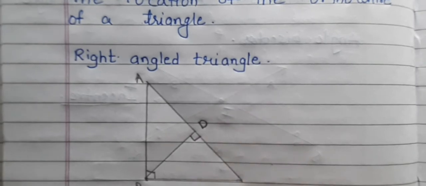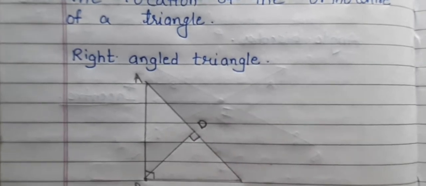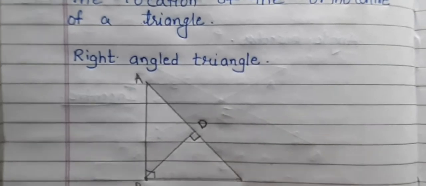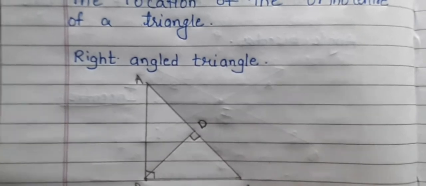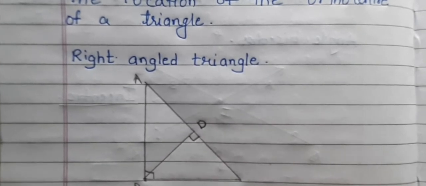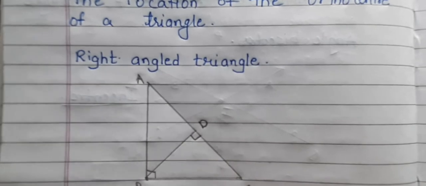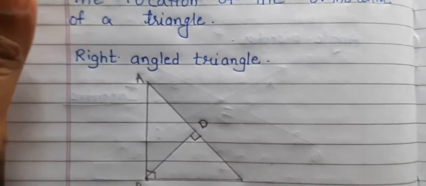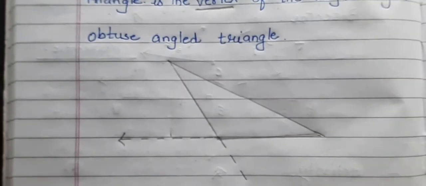Now in general, if we conclude, the orthocenter of a right angle triangle is the vertex of the right angle. This will be the statement. I hope it is clear. Now the next one is the obtuse angle triangle.